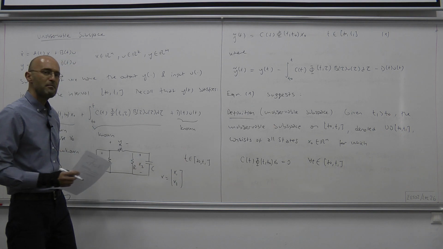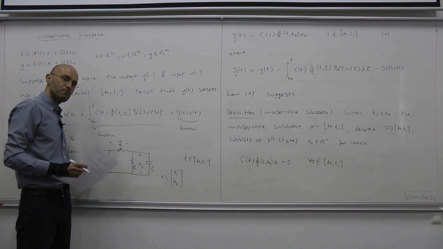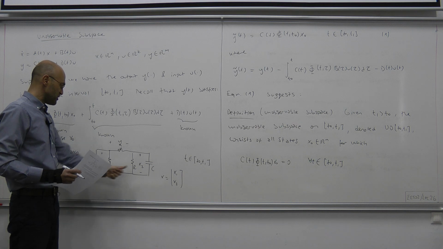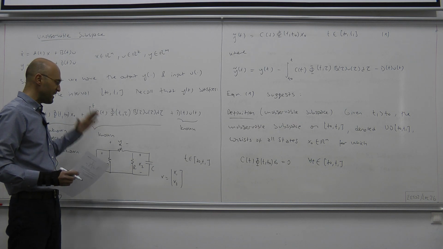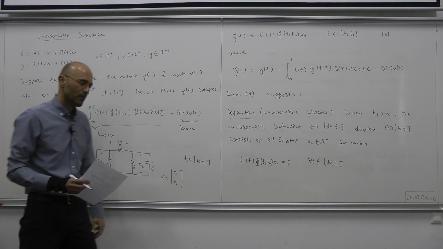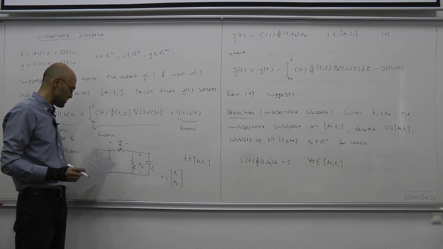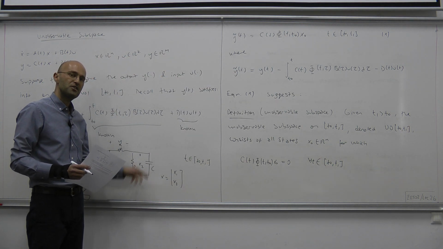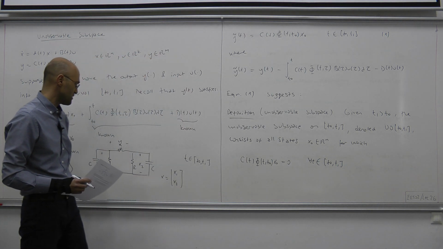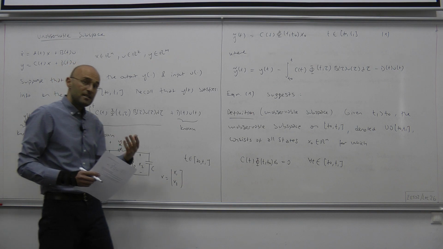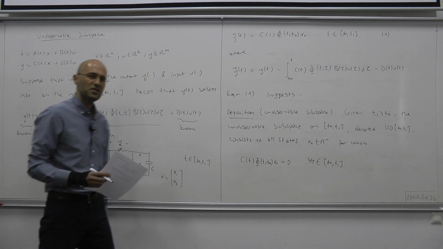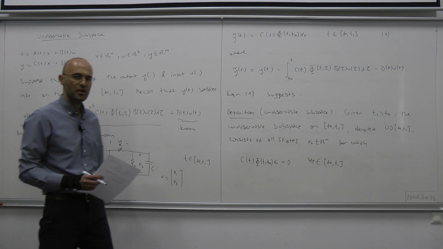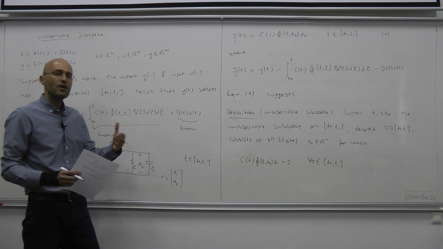So if you start from the same initial voltages for the capacitors, 6 volts here and 6 volts here, because they have the same time constant, they will decay at the same rate. Starting with 6, x1 of t is 6 times e to the minus t over RC. Likewise, x2 of t is 6 times e to the minus t over RC. So the voltages x1 and x2 start the same and continue to be the same for all times. If these two voltages are the same, their difference is zero, so at the output what you see is just zero.